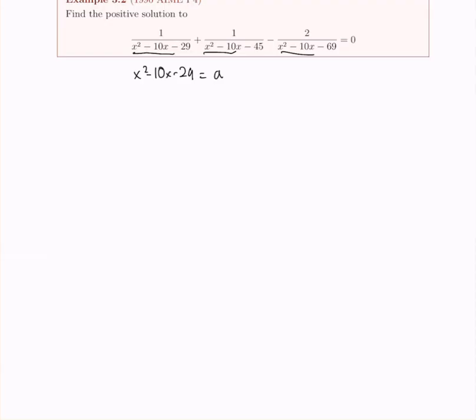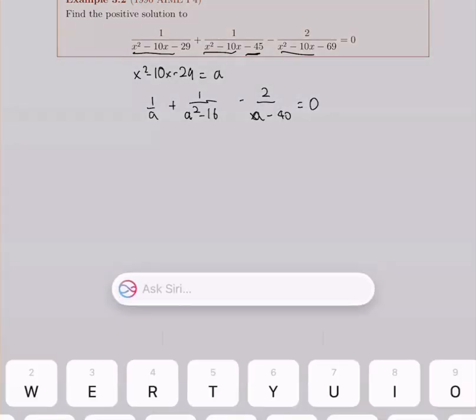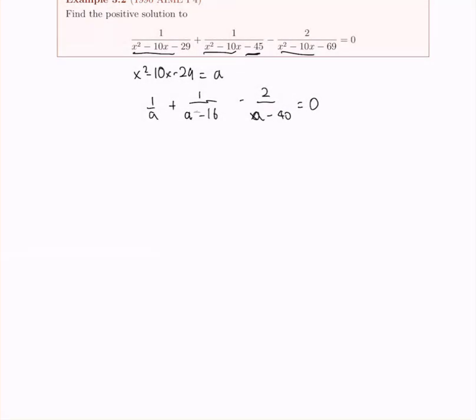Okay, so this would become 1 over a plus, note that this is negative 45, so 1 over a minus 16, because negative 29 minus 16 is equal to negative 45, minus 2 over a minus, since negative 29 minus 40 is equal to negative 69, we have negative 40 here, and this would be equal to 0. Great. Oh, why did I have squares? Sorry. This is just normal a.